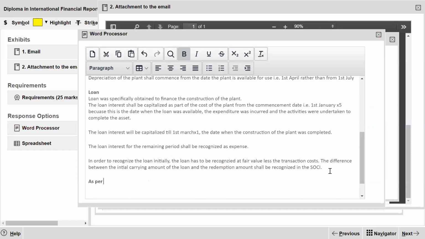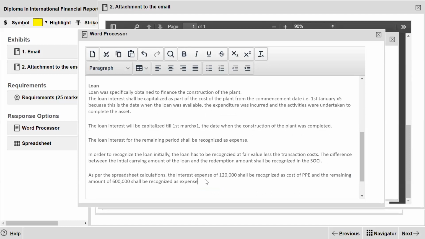So as per the spreadsheet calculations, 120,000 shall be recognized as cost of property, plant, and equipment, and the remaining amount of 600,000 shall be recognized as expense in the income statement.